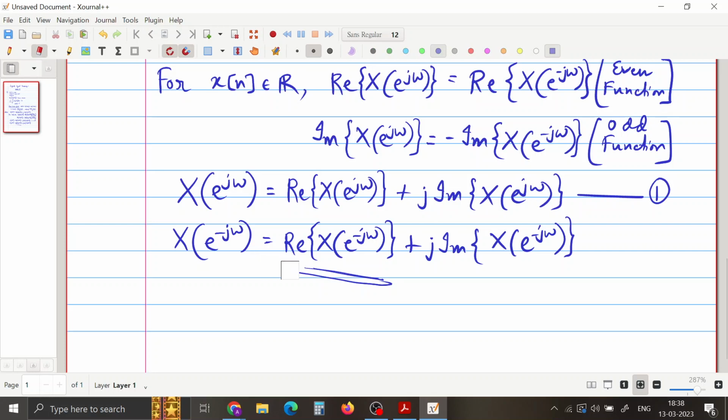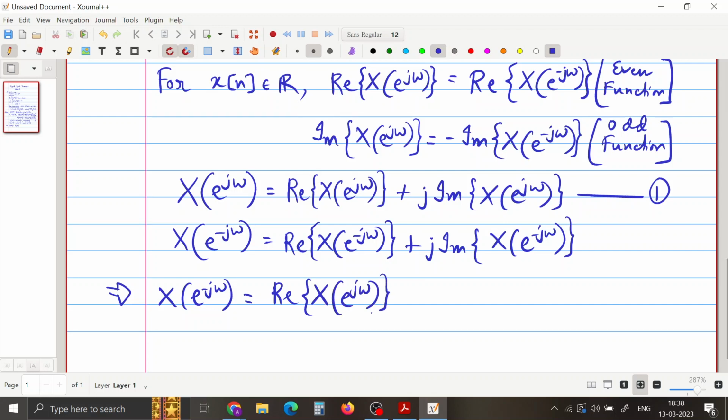I will use that. So we get this is the same as the real part of X of e power j omega, and the imaginary part being an odd function, the imaginary part of X of e power minus j omega is simply minus the imaginary part of X of e power j omega.